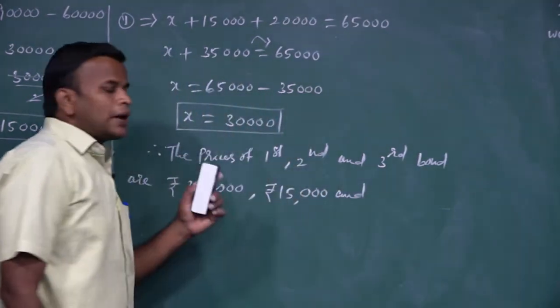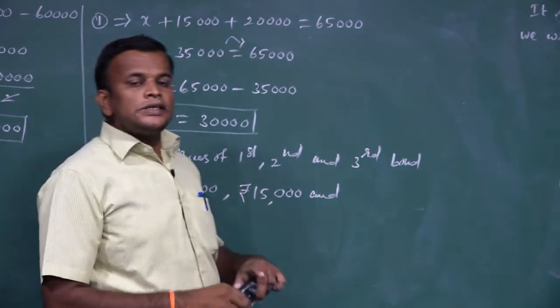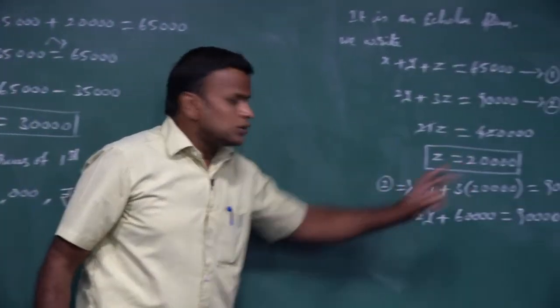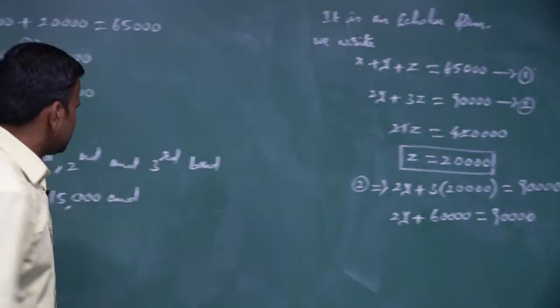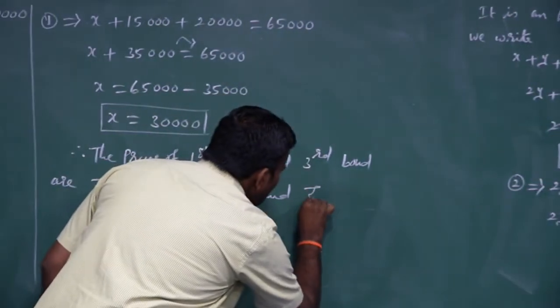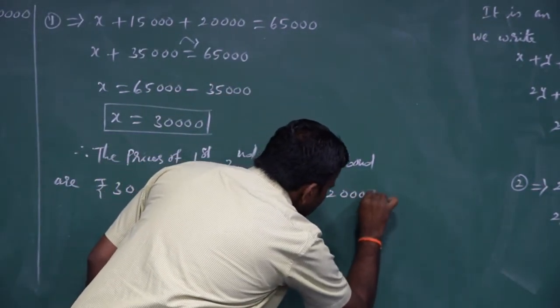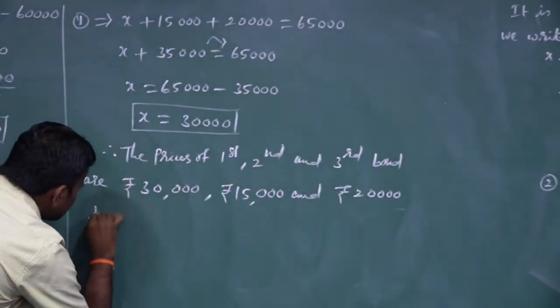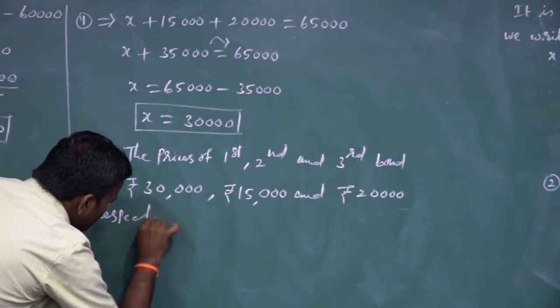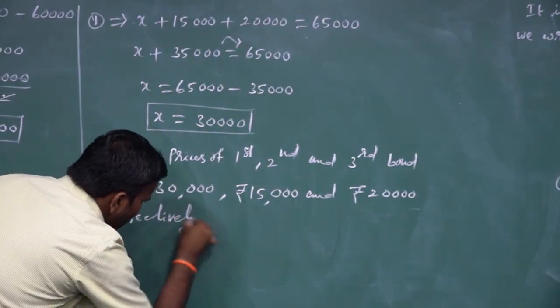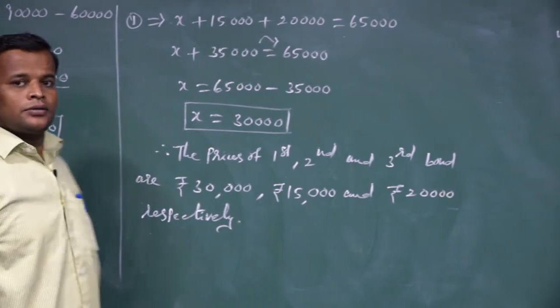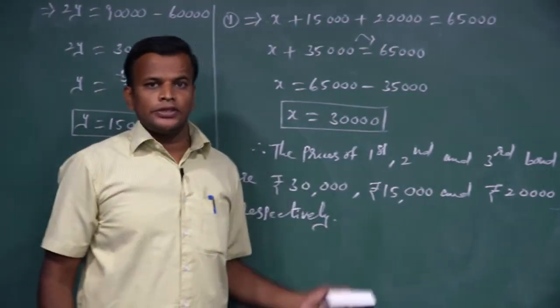And the price of the third bond is z. The value of z is 20,000 rupees, respectively. So it is the conclusion of the given sum.